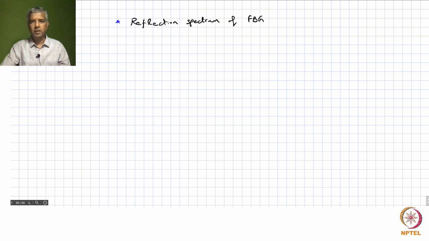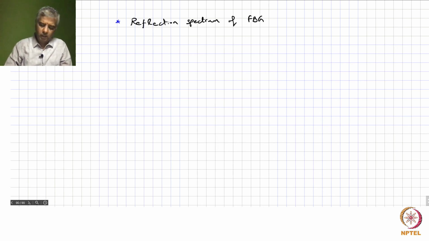What is the shape of that reflection spectrum, and what does that mean in terms of the performance of a fiber Bragg grating as a sensor? So let's look into that in a little more detail.